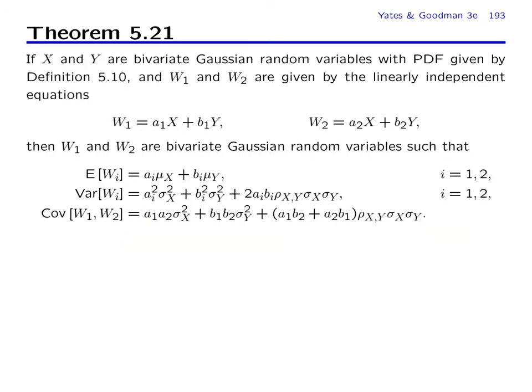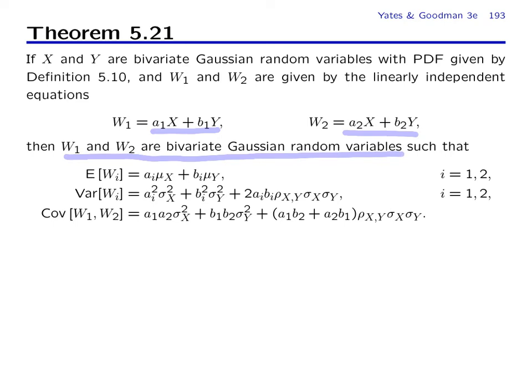This next theorem is one of the reasons why jointly Gaussian x and y are so important. The theorem says that if we take a linear combination of x and y, for instance, W1 equals a1x plus b1y, and then we take another linear combination, W2 equals a2x plus b2y, then in fact, W1 and W2 are bivariate Gaussian random variables.